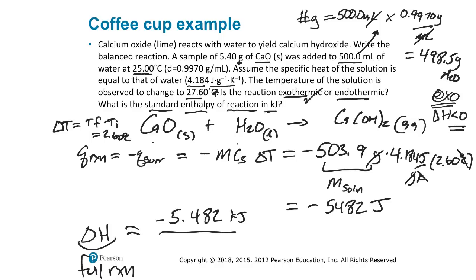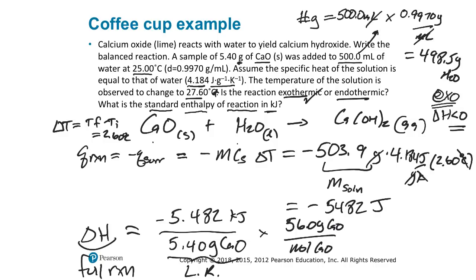We're going to divide that by 5.40 grams, the heat release per 5.40 grams of the reactant, calcium oxide. So we just have to write in the mass of the limiting reactant. There's only one reactant given, so that's really easy. And then we just multiply by the molar mass. So that's 39.99 something. So call it 40 for calcium, 16 for oxygen. That's 56 grams of calcium oxide per mole of calcium oxide.